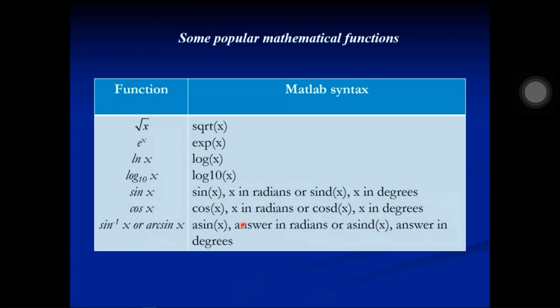So now it's not the angle given in radians, because arc sine means tell me what the angle is whose sine is this number, right? And we're going to see an example of that. And if you want the answer in degrees, then you use asind. So that's just an additional d. And that's valid for cosine, tangent, you name it, right?